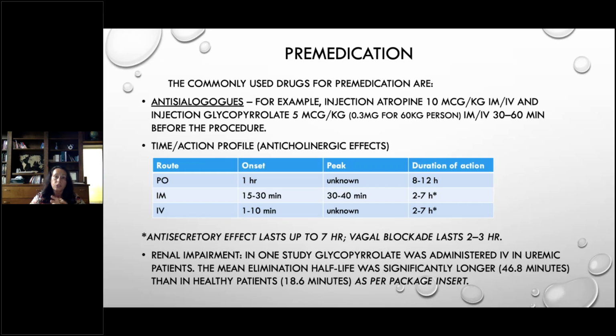And not only the duration of action of the desired effects, but the duration of action of undesired effects, such as urinary retention, constipation, tachycardia in patients with the prostate issues, in patients with irritable bowel syndrome, in patients with the cardiac problems.